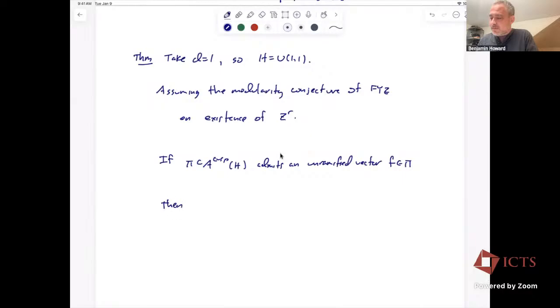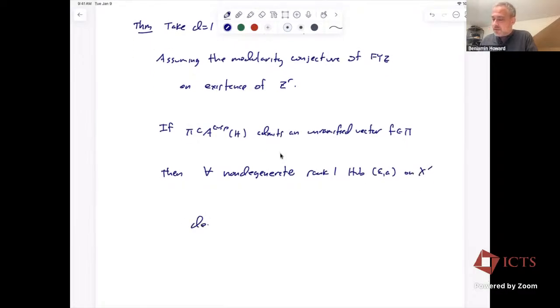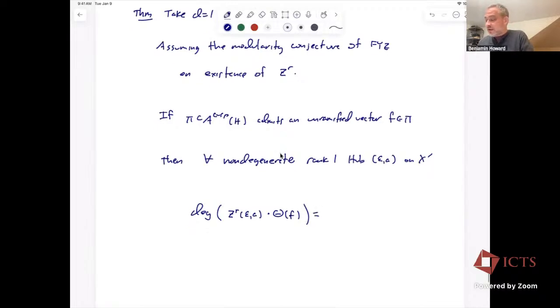Then, for all non-degenerate rank 1 Hermitian vector bundles EA on X prime, if you take the corresponding middle codimension cycle and intersect it with this arithmetic theta lift of this unramified vector, you get the expected formula.